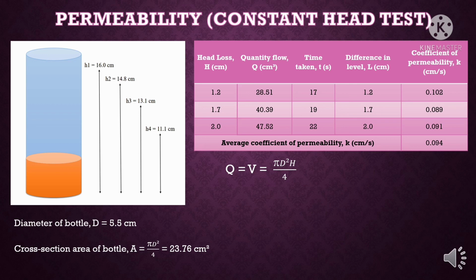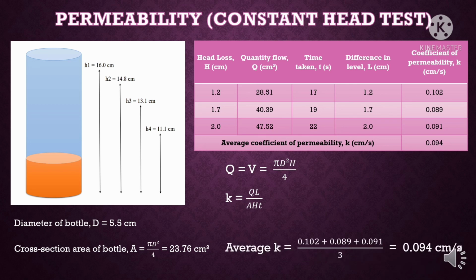Then by doing the experiment, I get the time taken T, and then the difference in level L, which is the same as the head loss, and then I get the coefficient of permeability K by using the formula QL over AHT. And finally, I calculate the average coefficient of permeability K, which is (0.102 plus 0.089 plus 0.091) over 3, and then I get the number 0.094 cm per second.